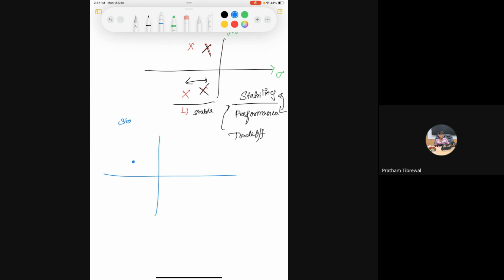I'm going to speak in terms of state space representation, where we define the nature of the system, or the status of the system, using its state trajectory, right? Let's take this is my initial state x naught, and I want to go somewhere here, that is my state xf. So how can I go here?